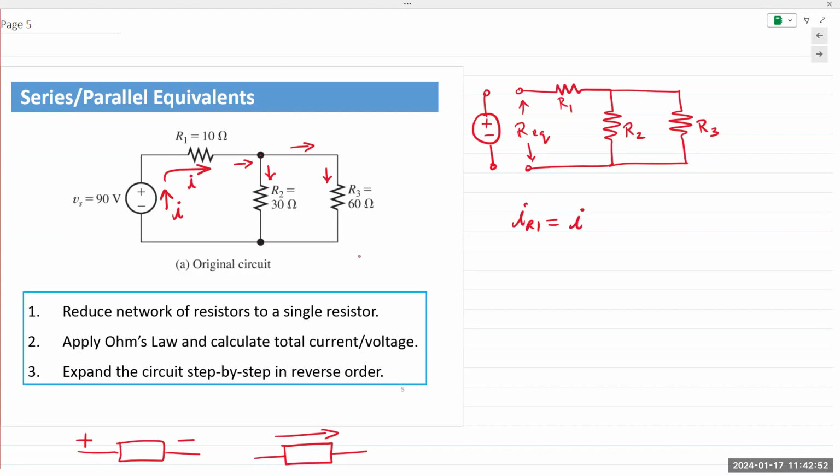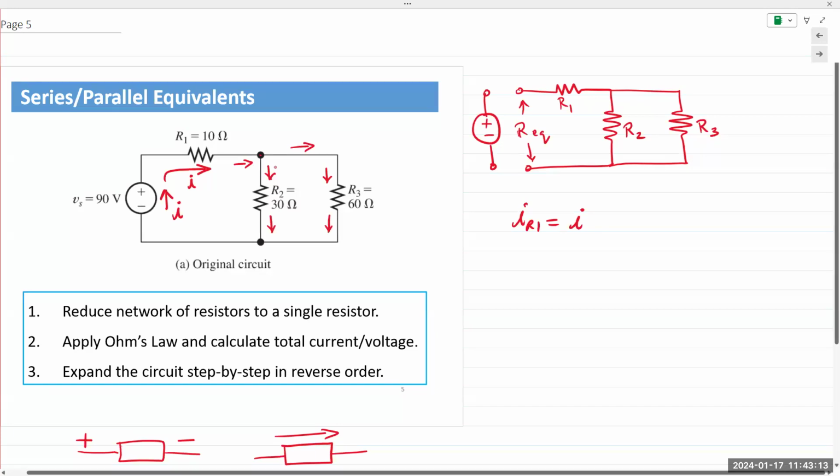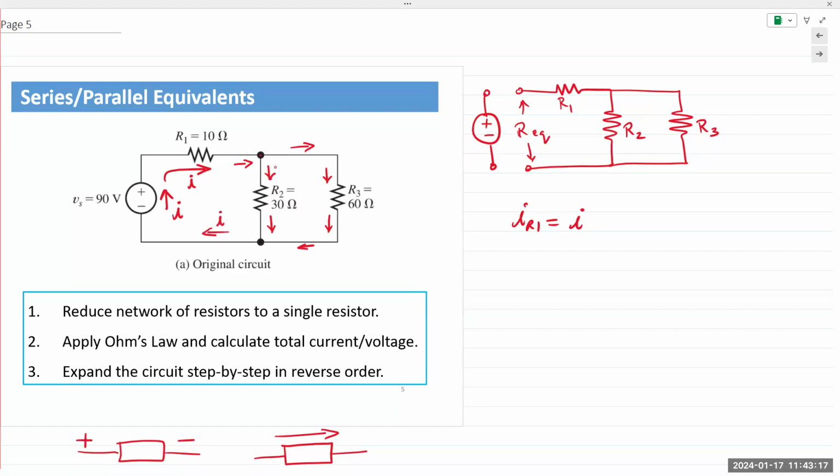It's an instant verification check. Then it combines back into I.